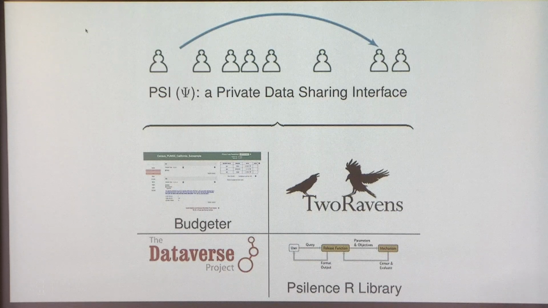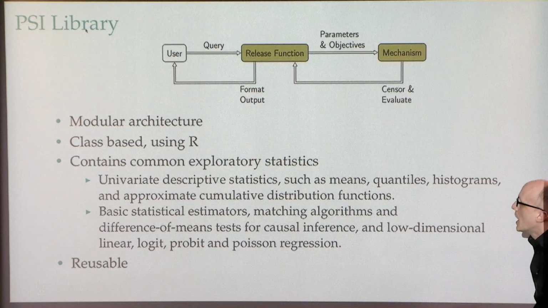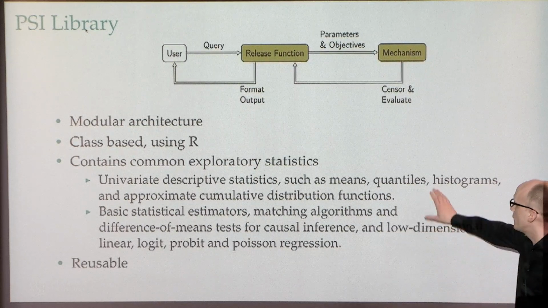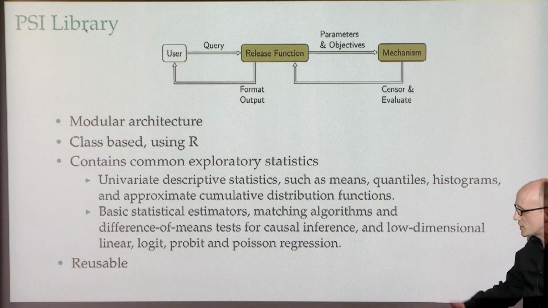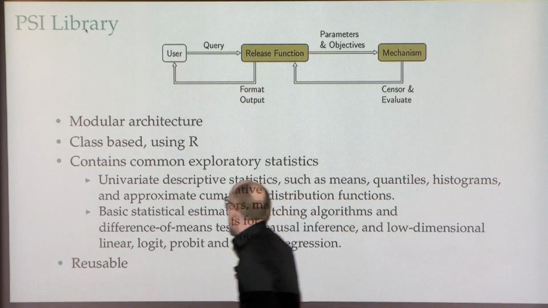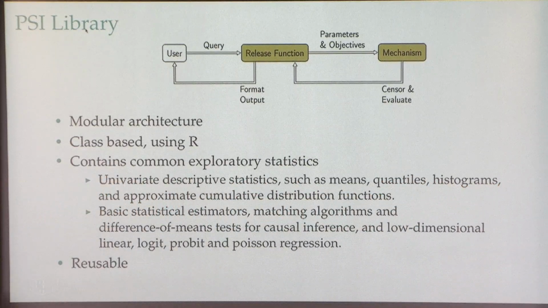If you're interested in a library of functions, it focuses on univariate statistics, the kinds of things that you could imagine are useful for understanding what a variable is, and for which there's lots of good algorithms out there.